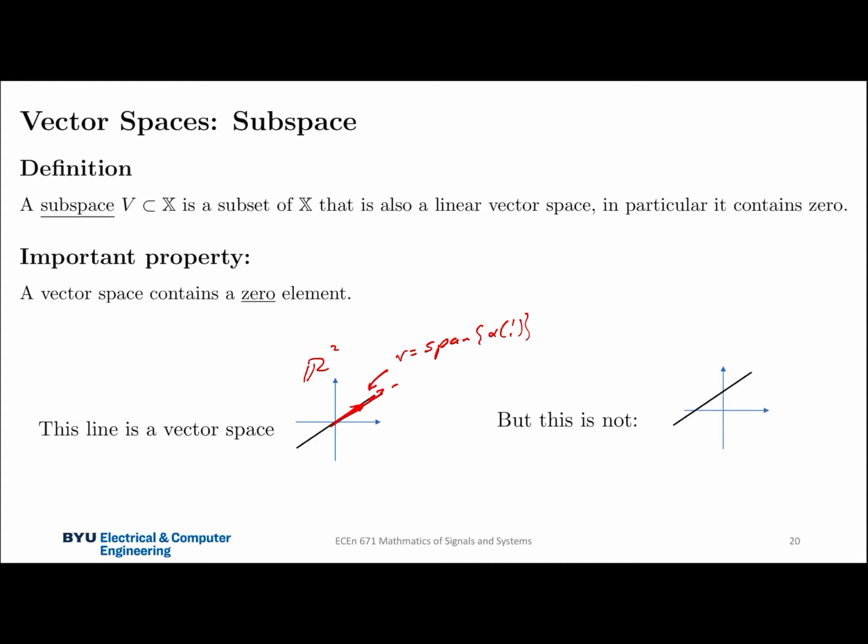If we add vectors that are in V, then we're still going to get vectors in V. But here, if we have some x and then we scale it, we immediately go off. Or if we say x plus y, that's going to give us a z out here, and that is not in V, where this is V. So this is not a linear vector space.